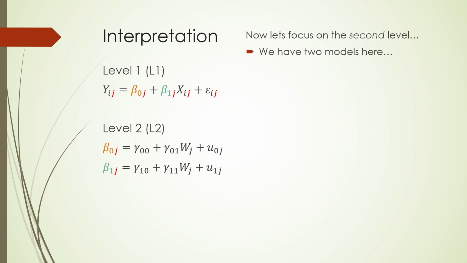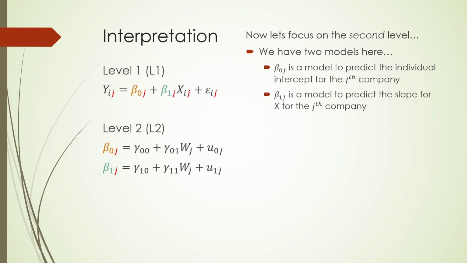All right, so let's focus on level 2. Again, we have two models here, one of which is the prediction of the intercept. Intercept is kind of a complex sounding term, so if it's helpful, think about base pay. So beta 0 is a model using the companies to predict the base pay for the jth company.